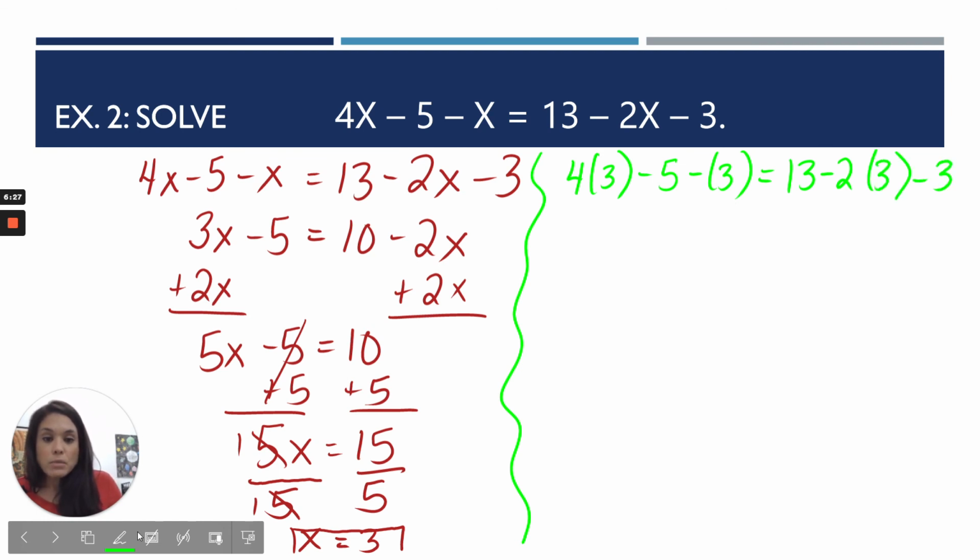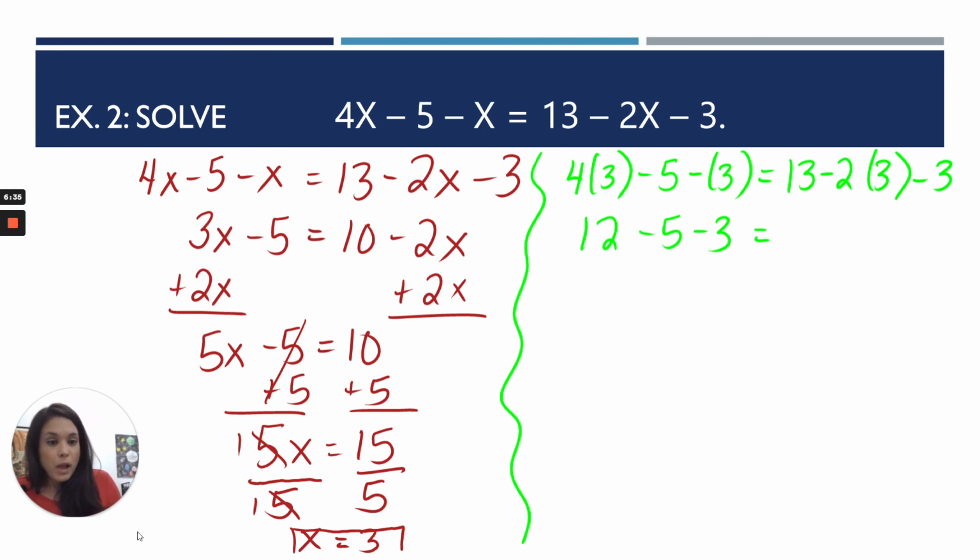So 4 times 3 is 12 minus 5 minus 3 equals, I'm going to multiply first. So this is 13 minus, this is 2 times 3, which is 6 minus 3.